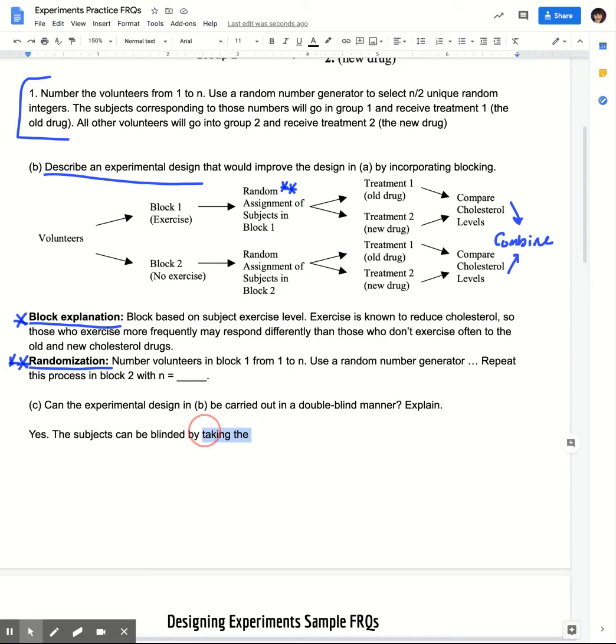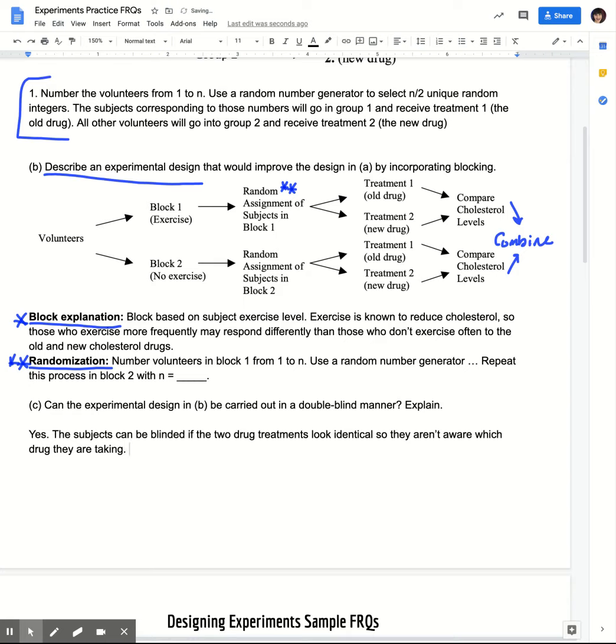So the subjects can be blinded if the two drug treatments look identical, right? So they aren't aware which drug they are taking. Okay, so that's how the subjects can be blind.